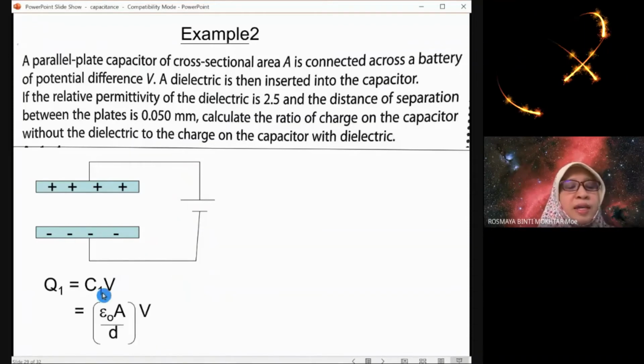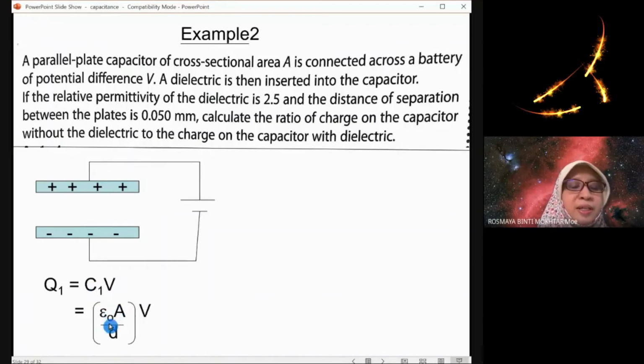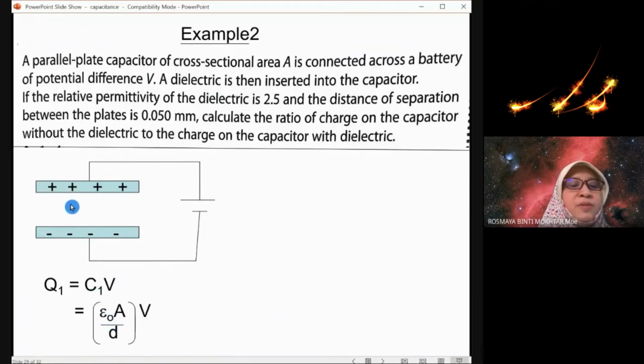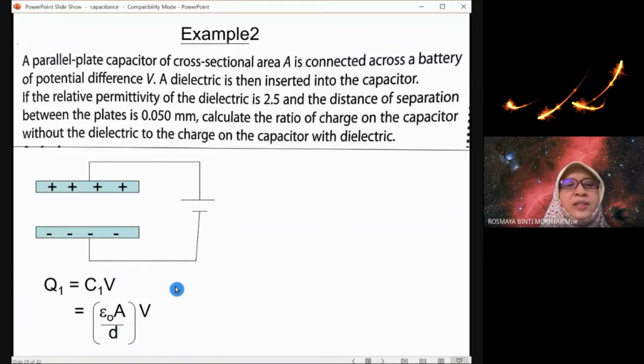So we can substitute the capacitance as epsilon naught A per D, which we derived already. Here it is air, so we use epsilon naught. So Q1 equals epsilon naught A per D times V. This is before the dielectric is inserted.